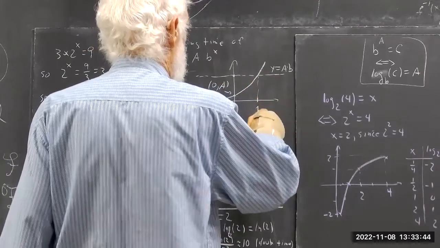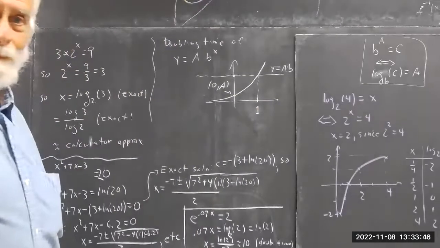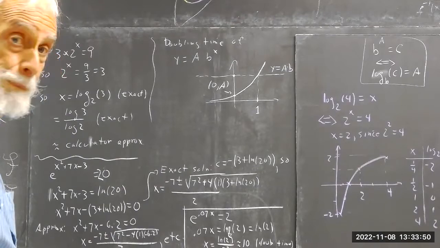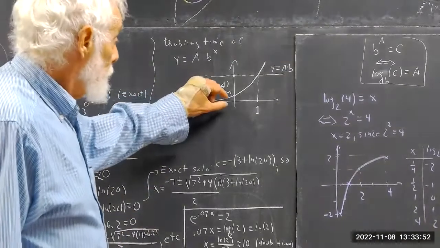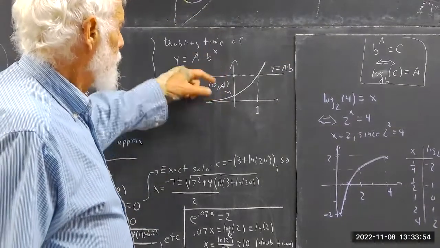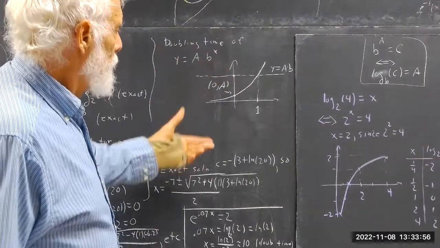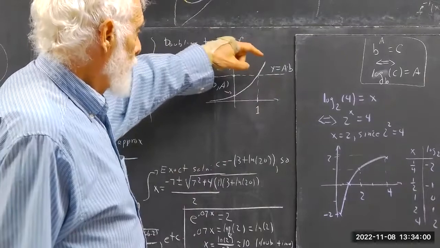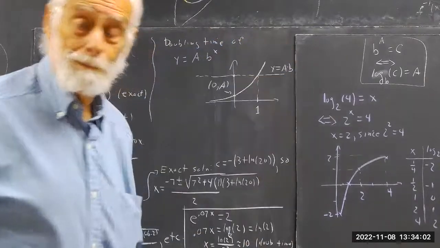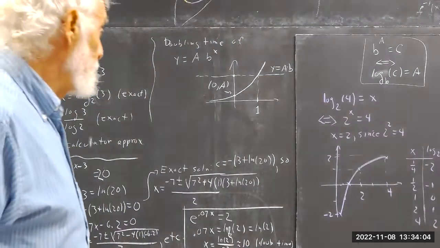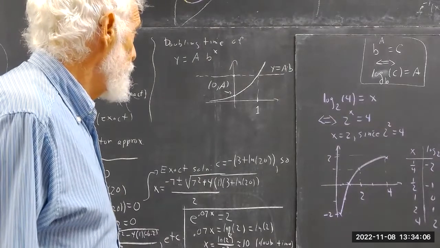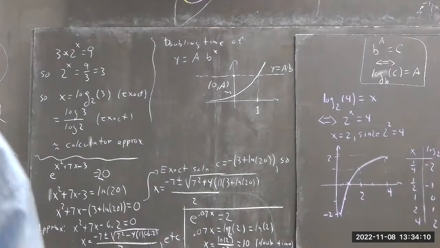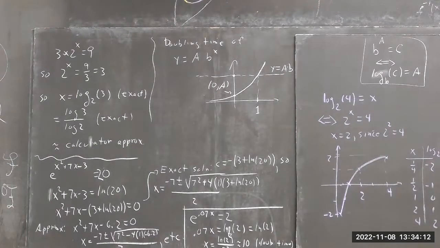And right here is 1. Now, if b is a big number, like b isn't 2 here, what does it look like b is here? Show me with your fingers. What would you estimate that b is if this point is (0, a) and this is b times a? What would b have to be?